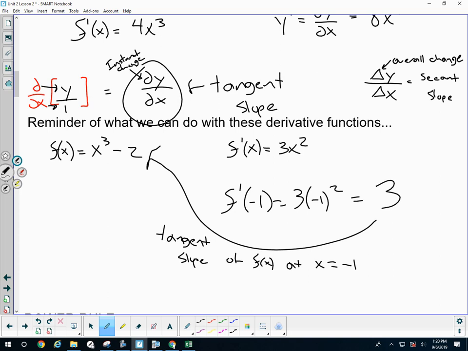And those annoying statements that you didn't write on your quiz, you don't have to write them here, but you need to know that this 3 means that this function is going up 3 y's per x, exactly at x equals -1.